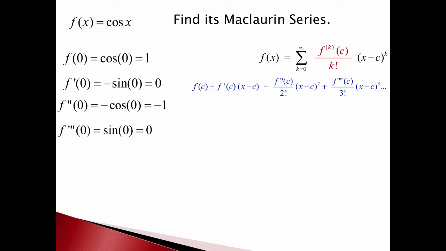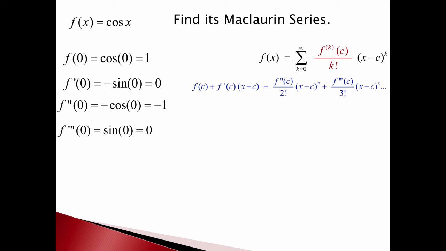Well, here's why we're doing cosine as an example, because the derivative of sine takes us back to the top to cosine. So we get this pattern, right, where the derivatives will go 1, 0, minus 1, 0, and then start back over at 1 again. Right? Because the derivative of cosine goes through this cycle of 4. So it's pretty easy now to start writing out our derivatives.